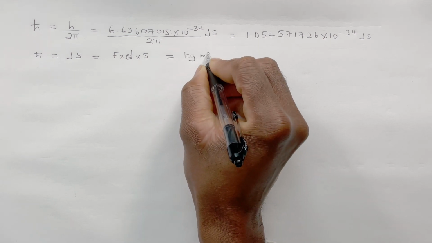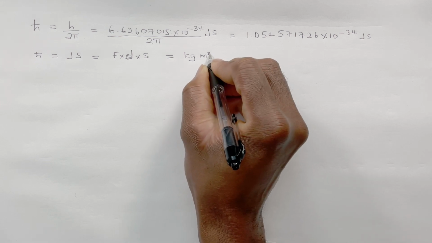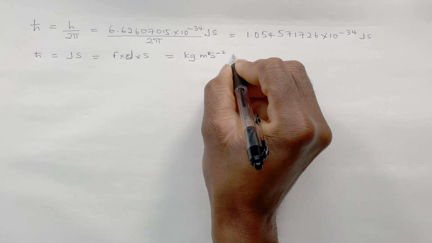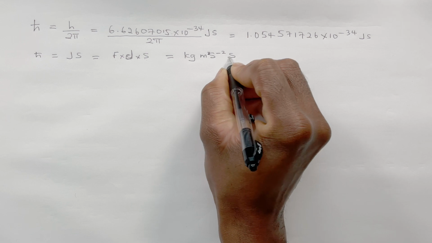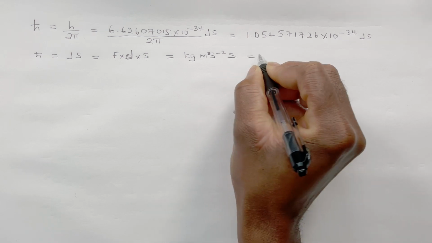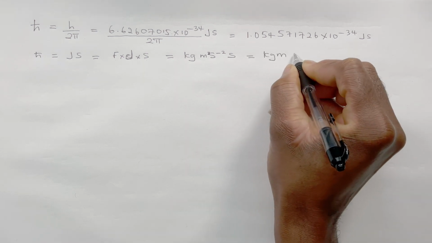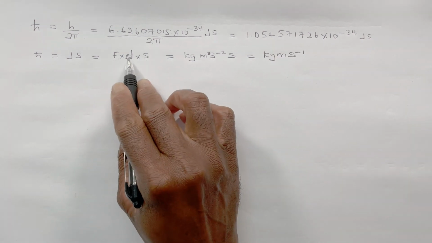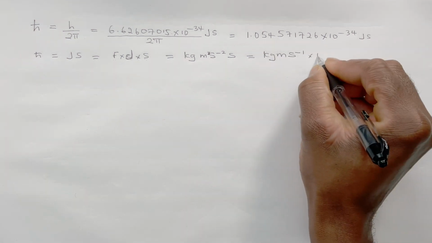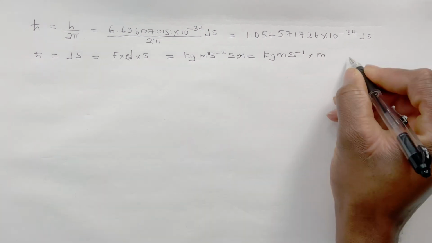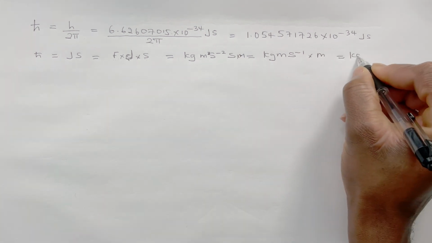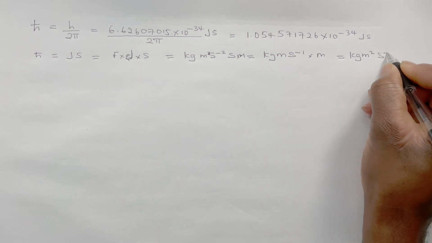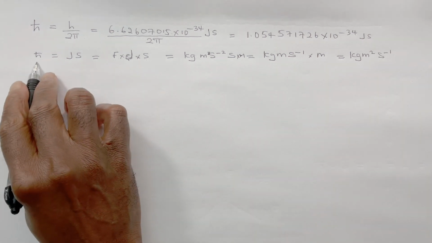Acceleration is meters per second squared, so that will be s to the power minus 2, and then times s, which gives kilogram meters per second. But that's newtons, so you need to multiply it by the distance, which is meters, and that unit will then be kilogram meters squared per second. That's the unit of h bar.